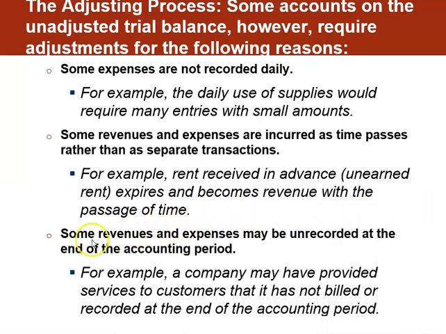Where are we at here? It says some revenues and expenses may be unrecorded at the end of the accounting period. For example, a company may have provided services to customers that it has not billed or recorded at the end of the accounting period. And it's very customary in my line of work in accounting.